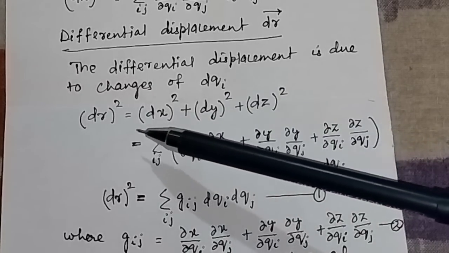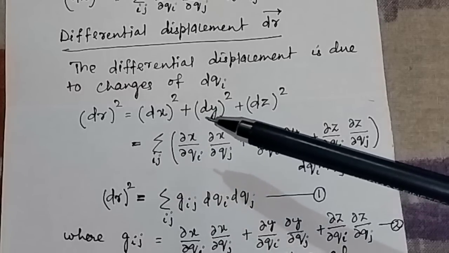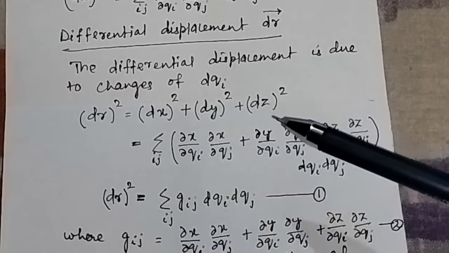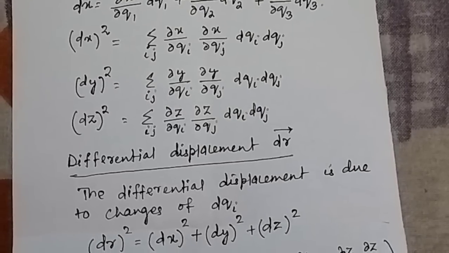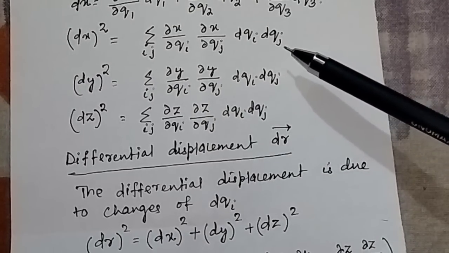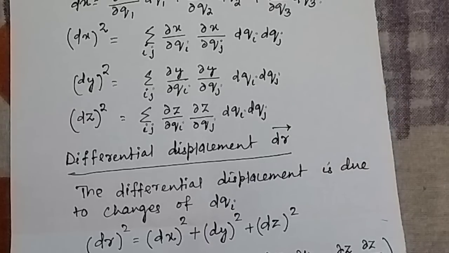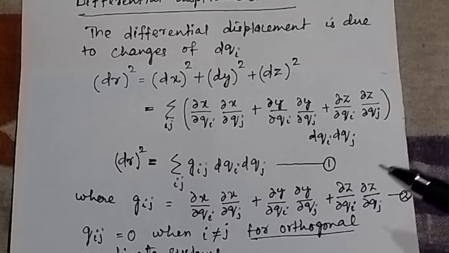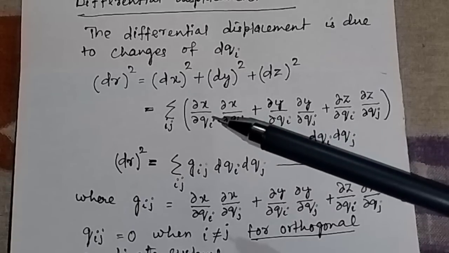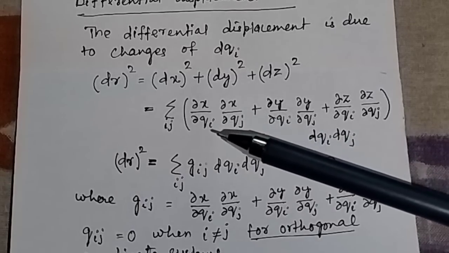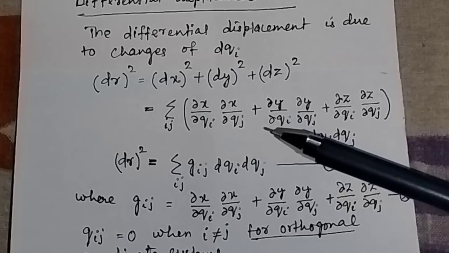And what will be dr square? Dr square will be equal to dx square plus dy square plus dz square. So if you take dqi, dqj common from these three, you will get the partial derivative of x with respect to qi, then the partial derivative of x with respect to qj.